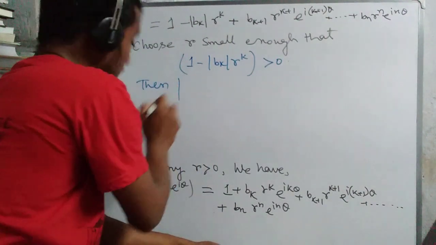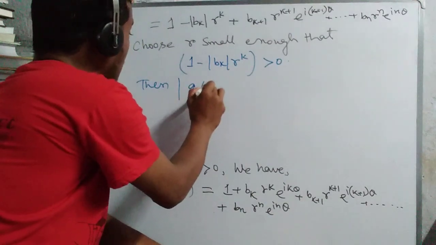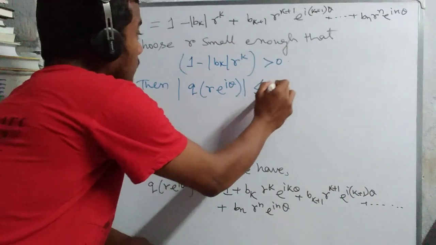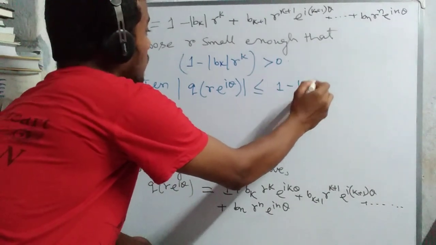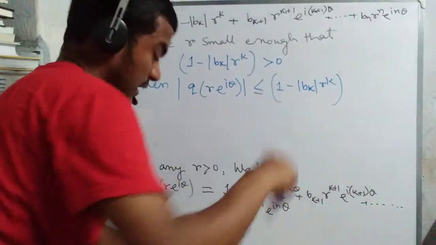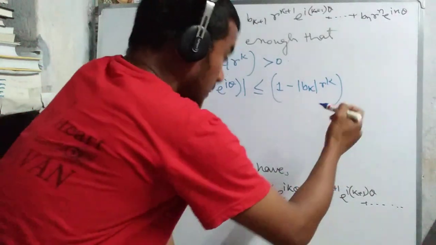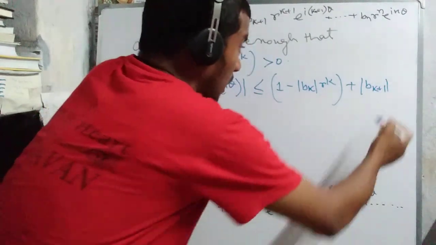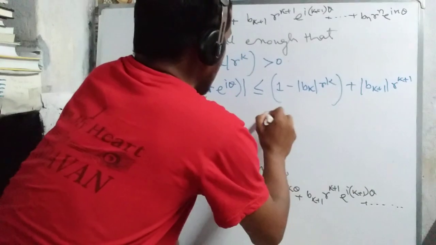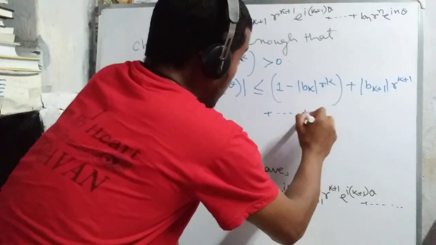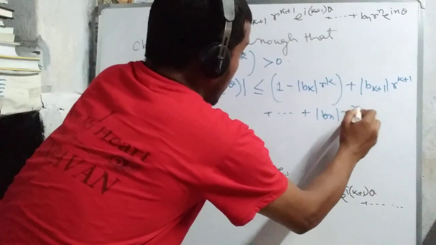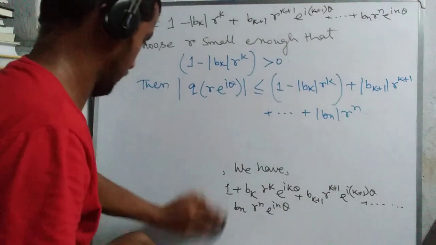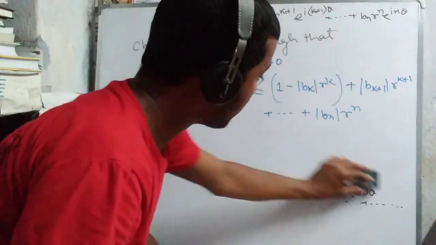Then what happened? Then |q(re^{iθ})| is less than or equal to 1 minus |p_k| r^k plus |p_{k+1}| r^{k+1} and so on up to |p_n| r^n.